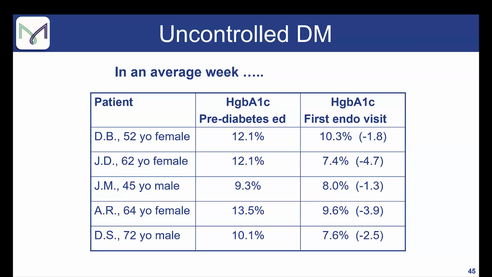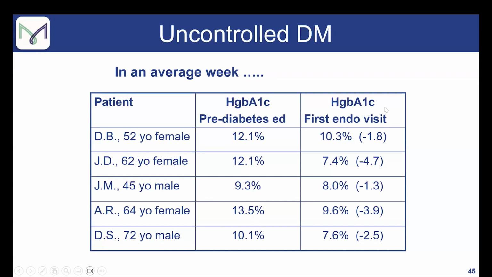So these are 5 patients with type 2 diabetes referred to our clinic. The middle column shows the hemoglobin A1C measured as the patient is checking in for their very first visit with the diabetes education team. So this is how they're coming to us. There is typically about a 3-month gap between the educator visits and the initial endocrinology consultation.